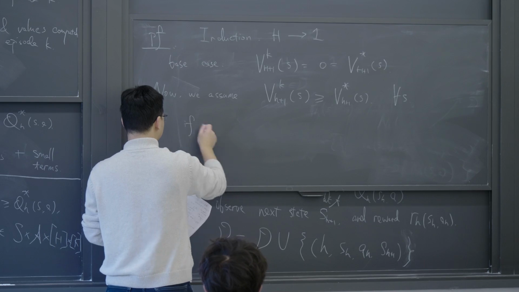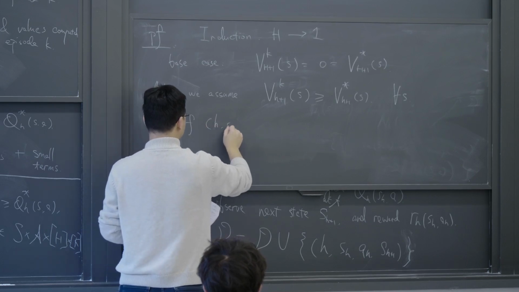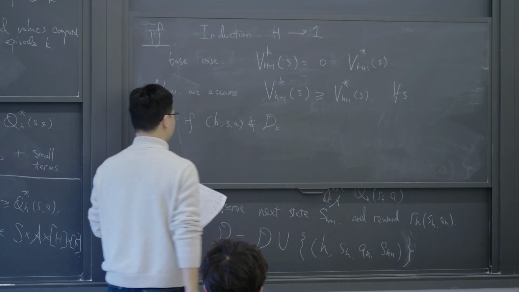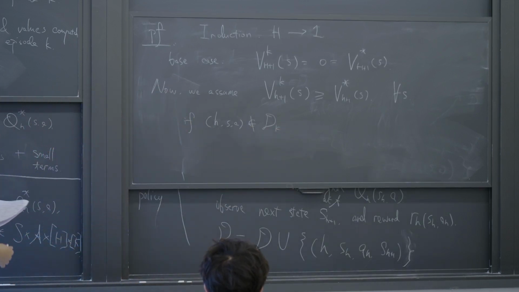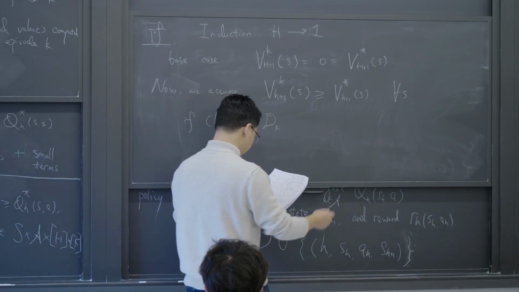The first case is if the state-action (h,s,a) is not in the dataset, so this (h,s,a) pair has not been observed in the dataset up to episode k.